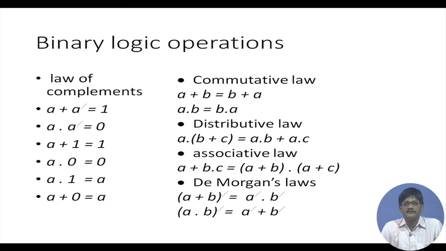The associative law is the place where it does not look like the mathematical operations that we have: A or (B and C) is equal to (A or B) and (A or C). And De Morgan's laws are very useful. For example, (A or B) whole prime is equal to A prime and B prime, etc.